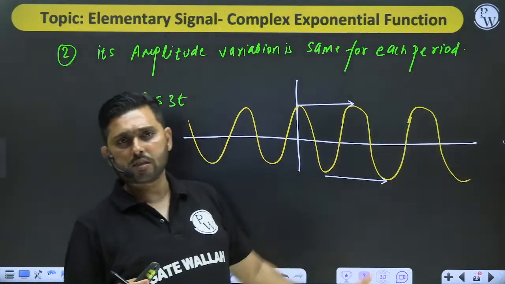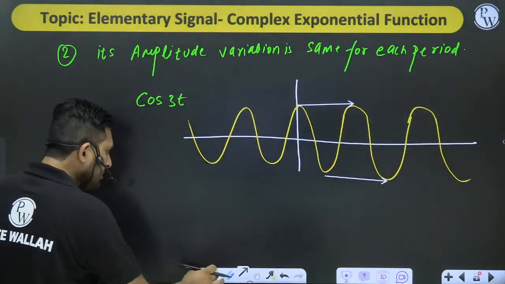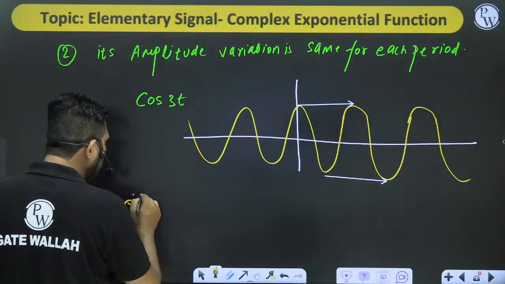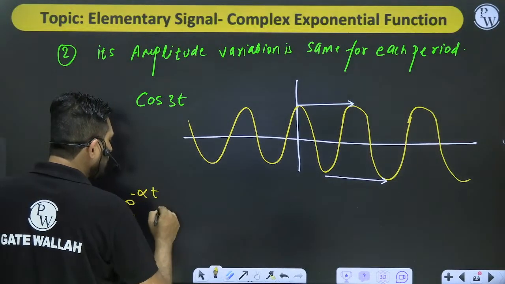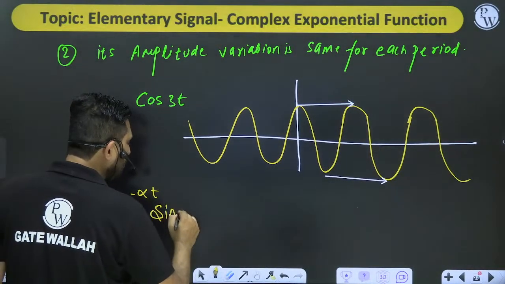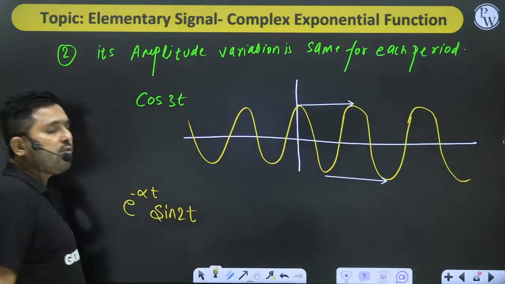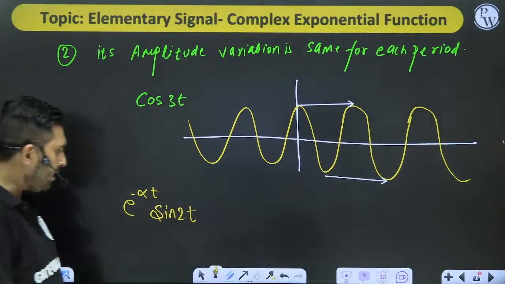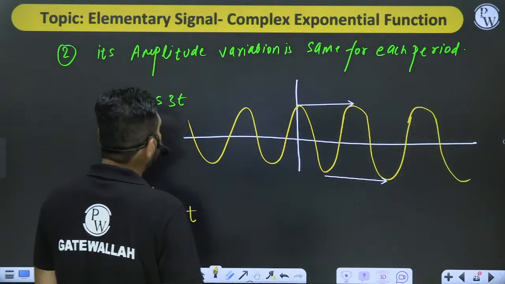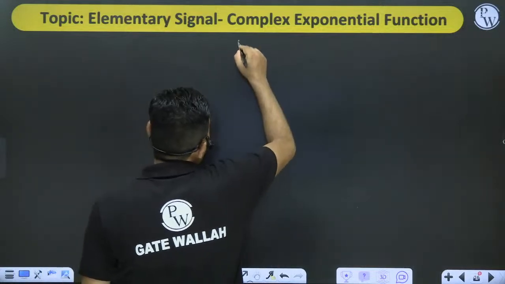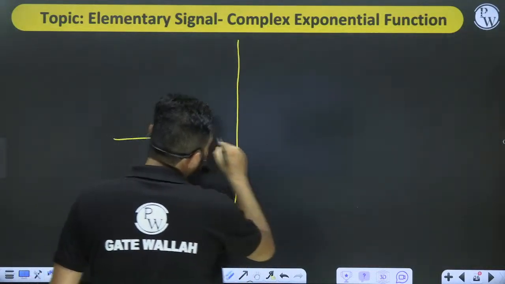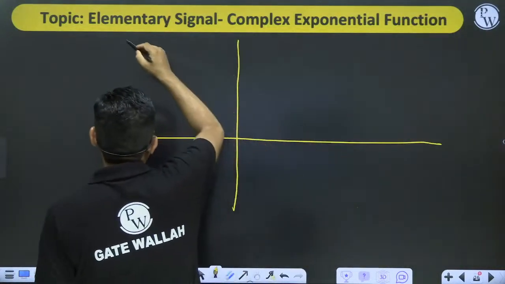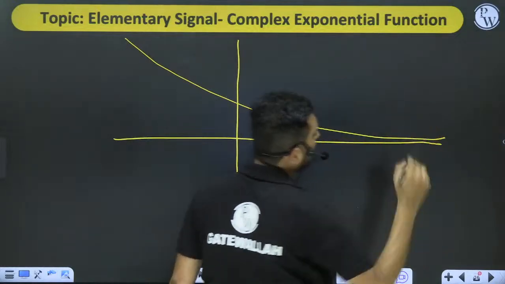It will not change. But let's consider e to the power minus alpha t sin 2t. So how will you make this function? See here, first make e to the power minus alpha t. Just now, in today's class, we have made e to the power minus alpha t, this kind of function.